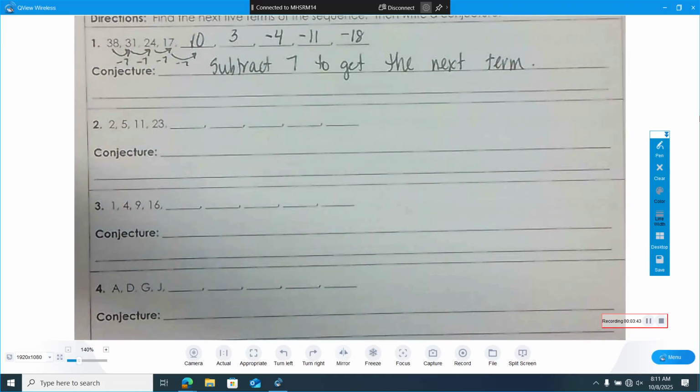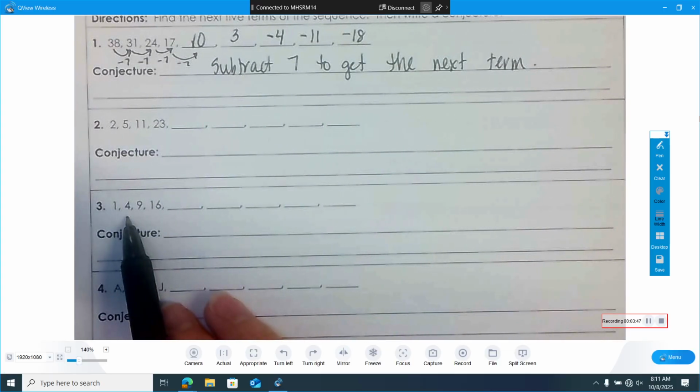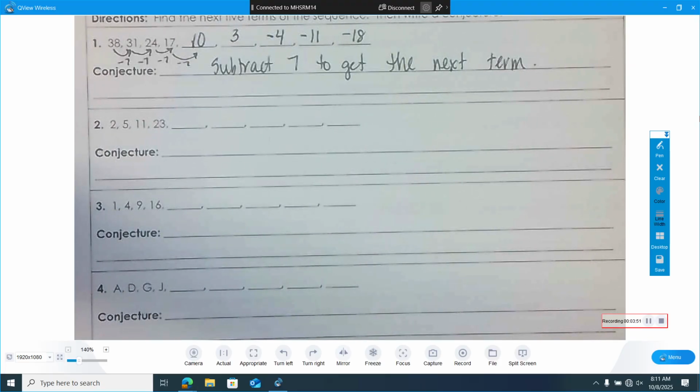Number 3, we have 1, 4, 9, 16. What do we think comes next?